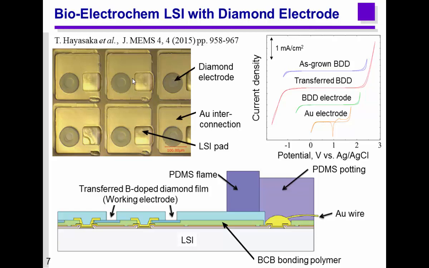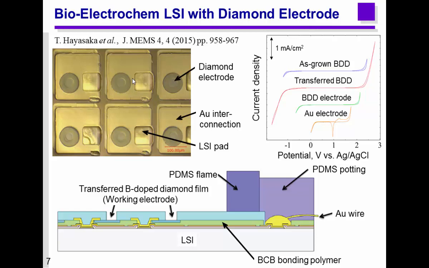Here you can see the potential window. This is potential, and this is current. Compared to the noble metal like gold, carbon material has a much wider potential window.